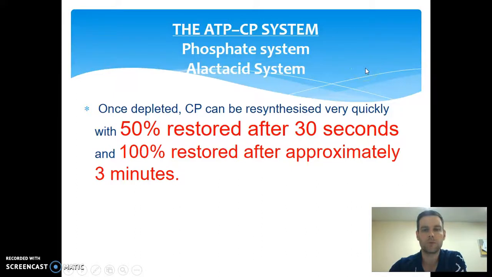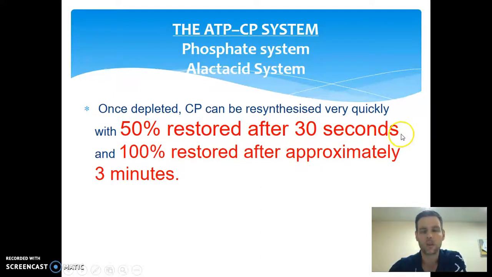I said before there's a limiting factor of how many CP stores we've got in our muscle cells. You are limited to around 10 seconds worth of those CP stores, but what's good is if you stop the exercise after 10 seconds and completely rest, technically we can restore 50% of these CP stores after 30 seconds of rest.